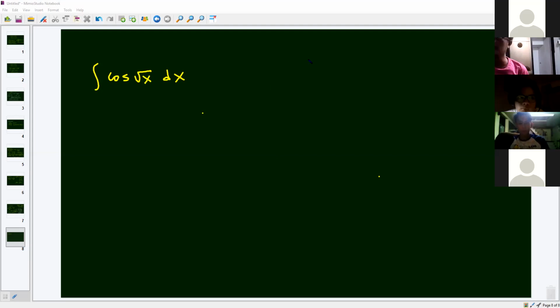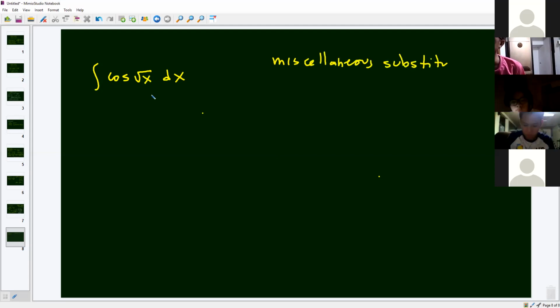So this is another technique called miscellaneous substitution. You know that cos square root of x is not an integrable form. The integrable form is not cos square root of x, but cos x. Do you agree?